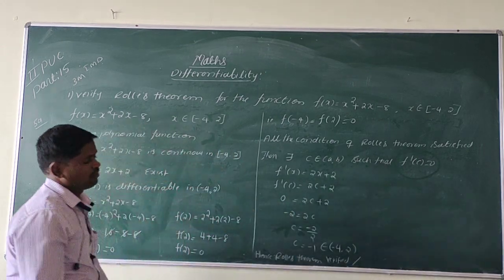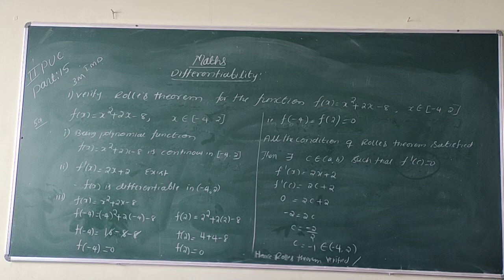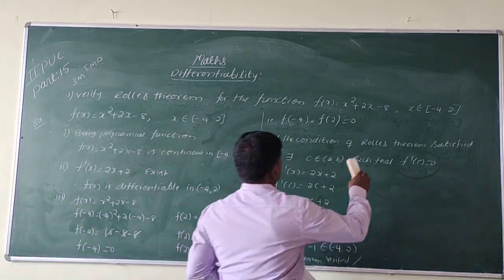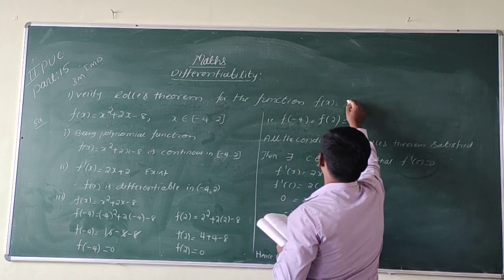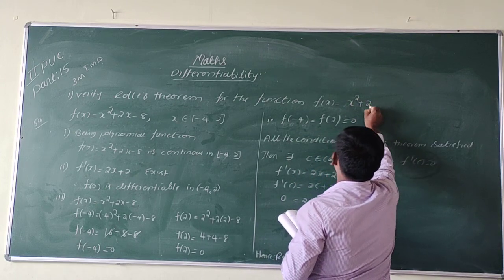Okay, so next problem. Verify Rolle's theorem for the function f of x is equal to x square plus 2.